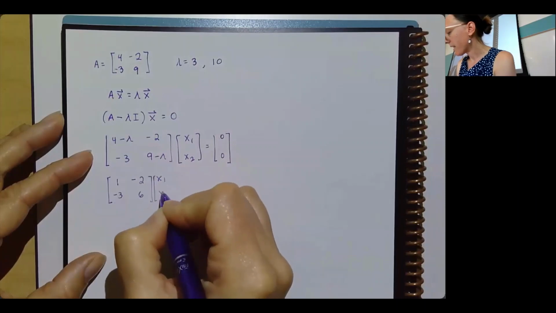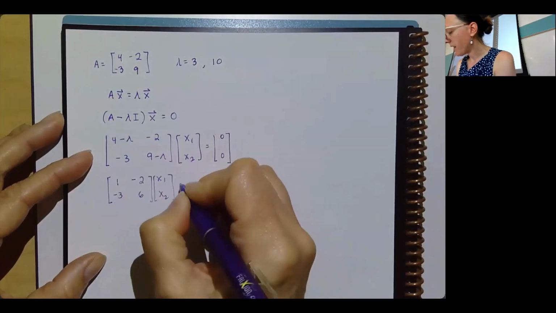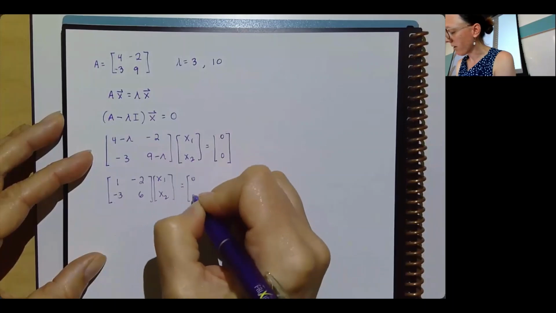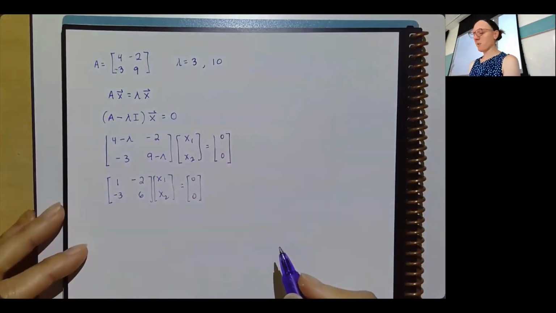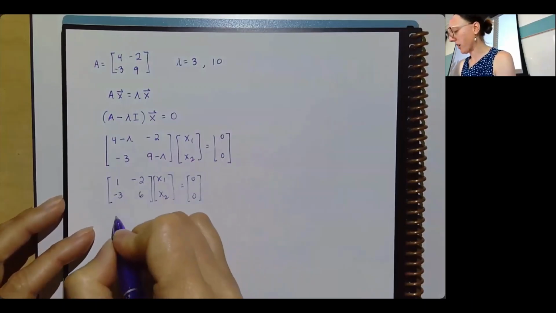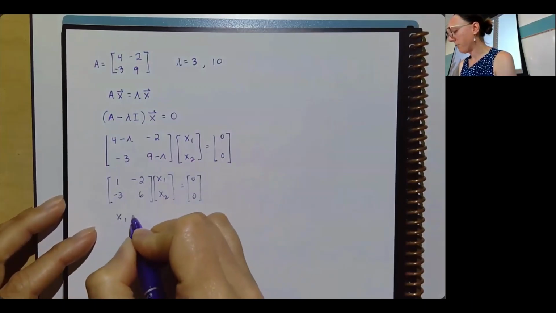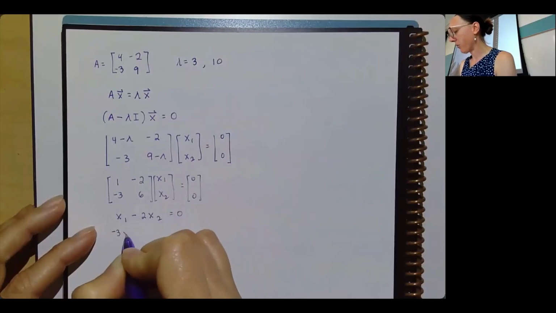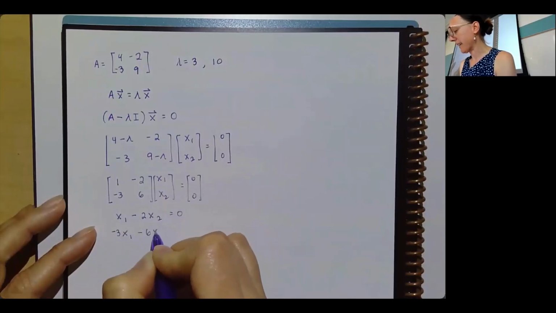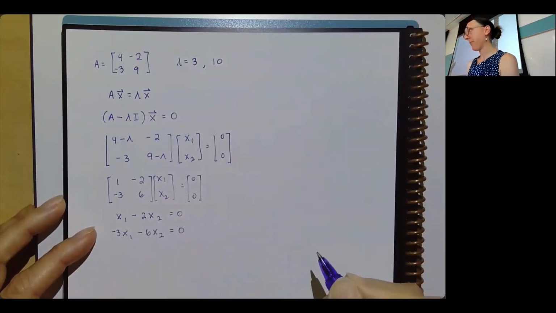And then I'm times x1, x2, and that's going to be equal to 0, 0. If I do the matrix multiplication, I'd have x1 minus 2x2 is equal to 0, and -3x1 minus 6x2 is equal to 0.